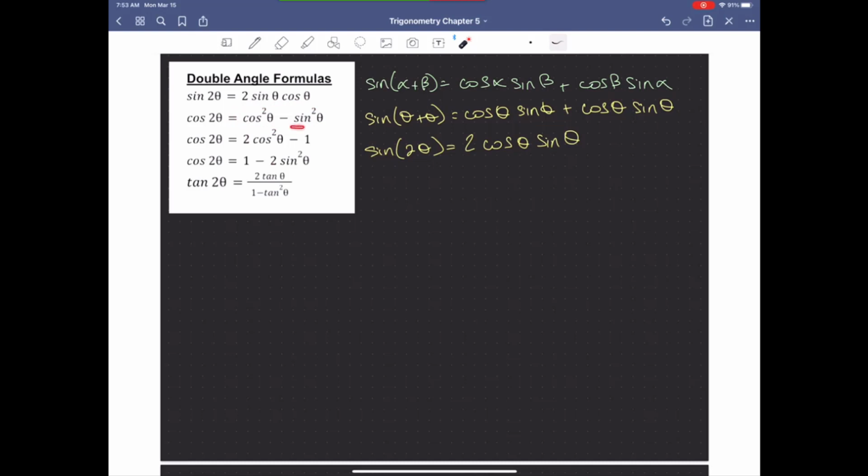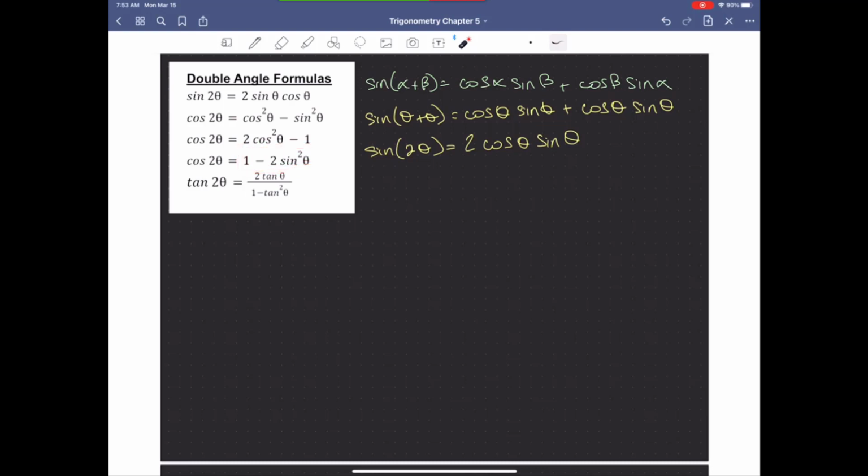So if you substitute in 1 minus cosine squared and simplify it, you're going to get 2 cosine squared minus 1. What do we know cosine squared equals? What could we substitute? 1 minus sine squared, right? That's where they're getting this last one. They're substituting in that 1 minus sine squared, and then you get 1 minus 2 sine squared.